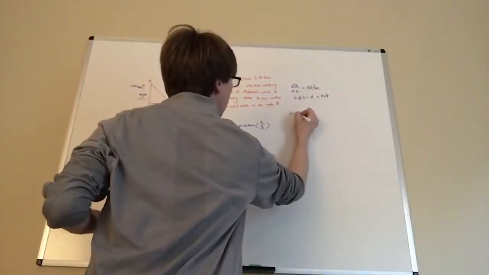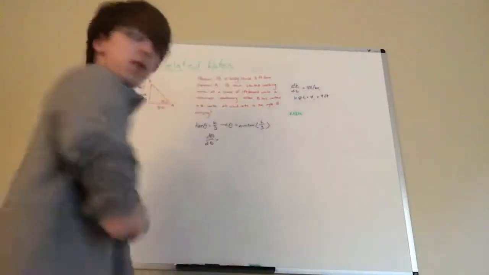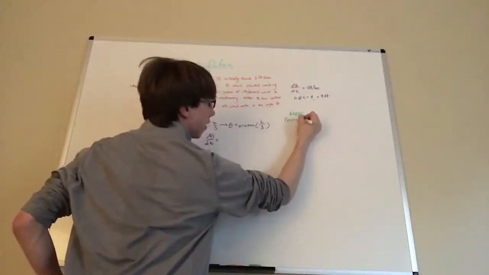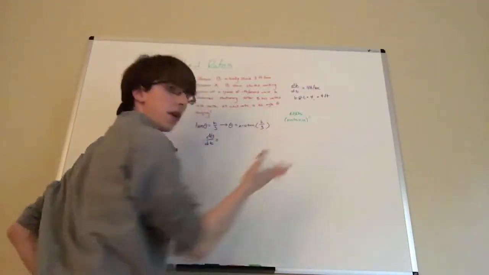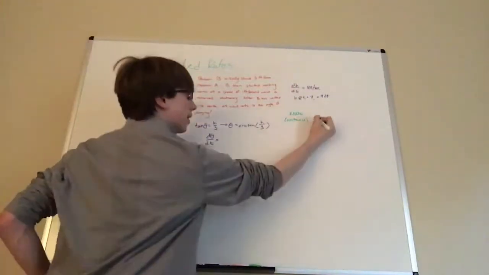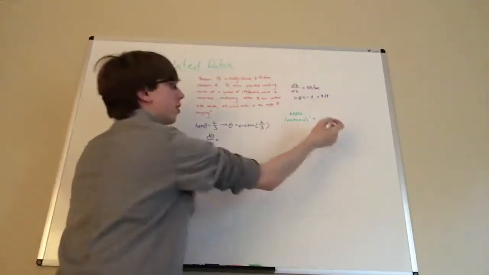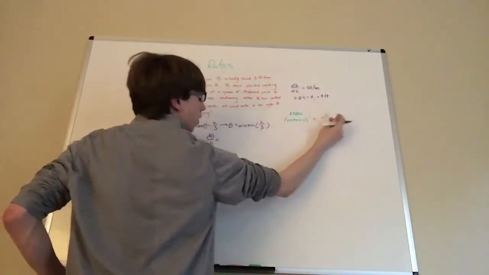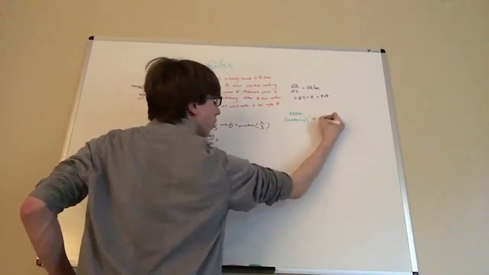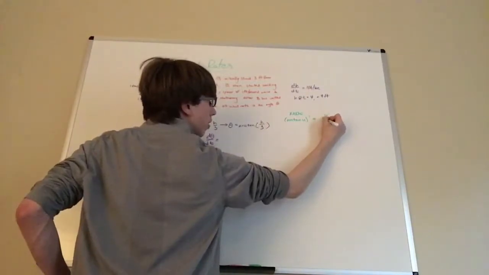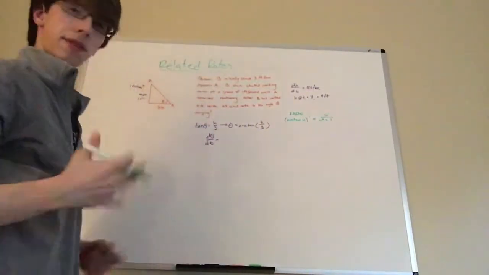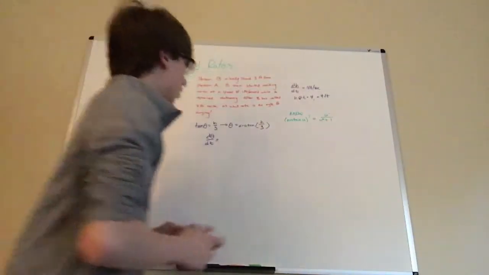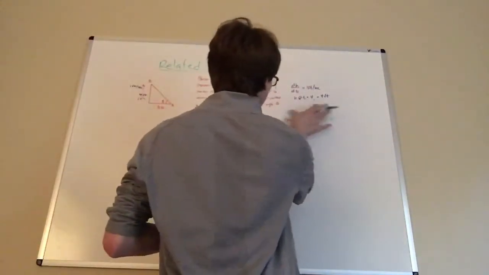We know that the derivative of arctangent u, where u is a function, is equal to u prime, which is the derivative of u, over u squared plus 1. Just like that.